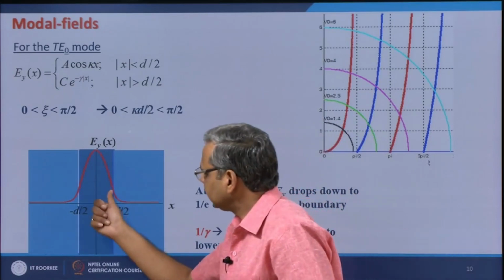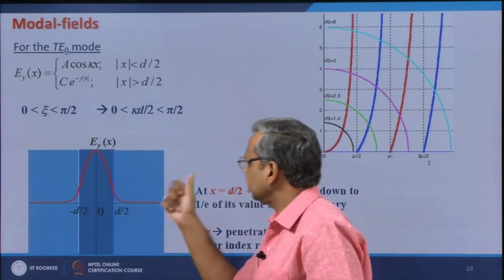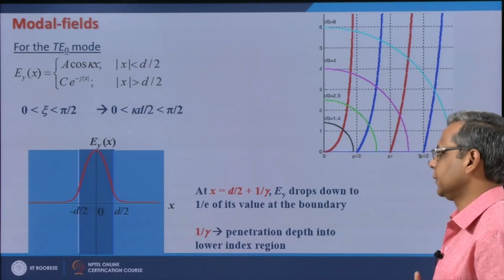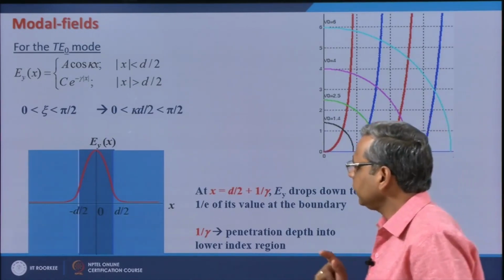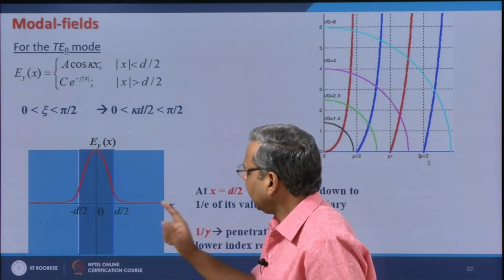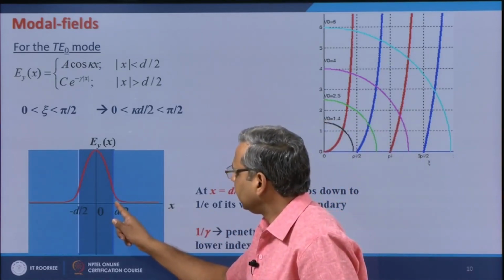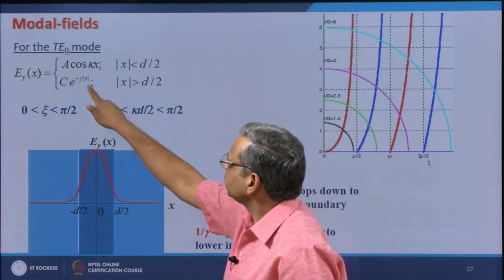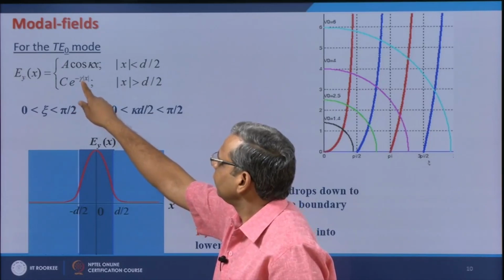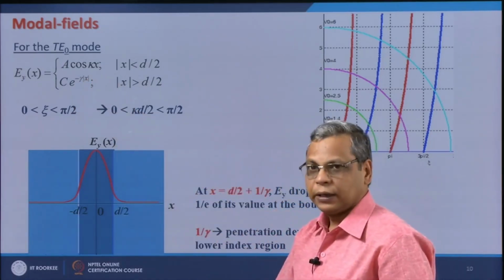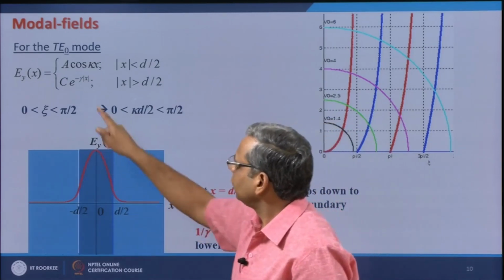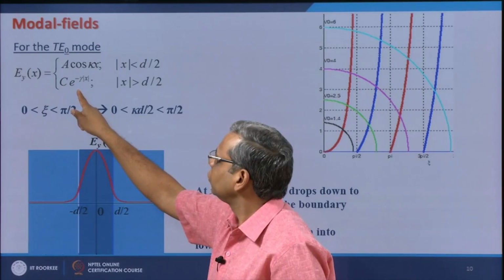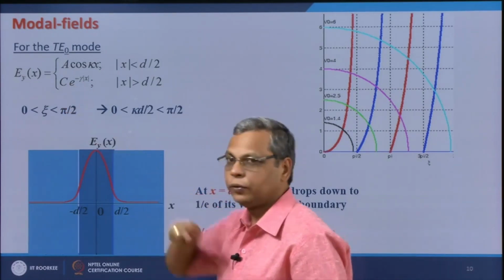How much does this extend into this region? I can quantify this. I find that at x equal to d by 2 plus 1 over gamma, because this field is going as e to the power minus gamma times x, the field will decay to 1 over e of its value at the boundary.